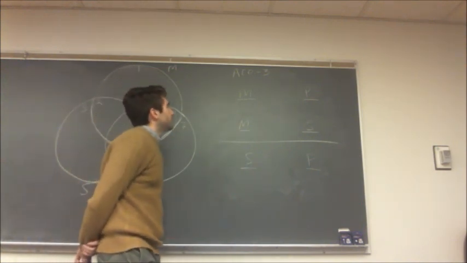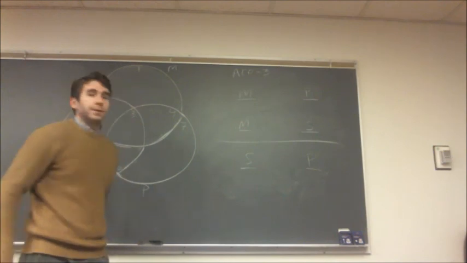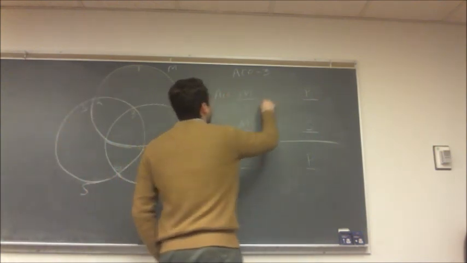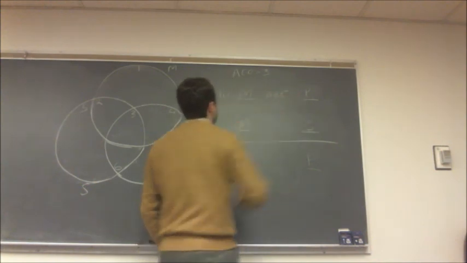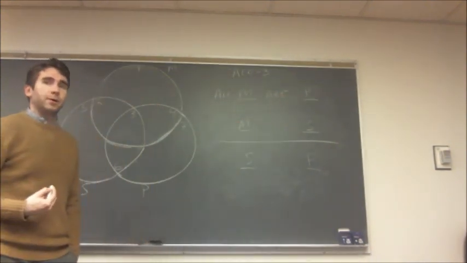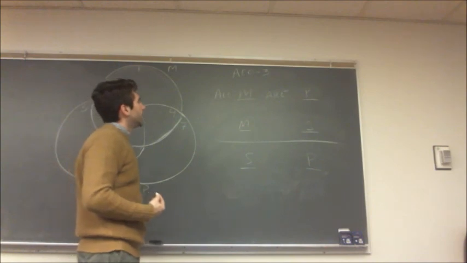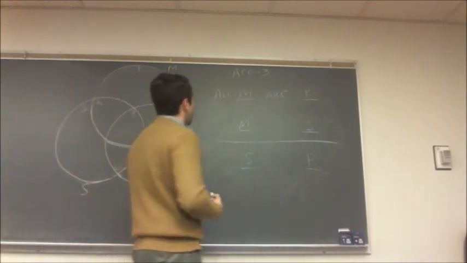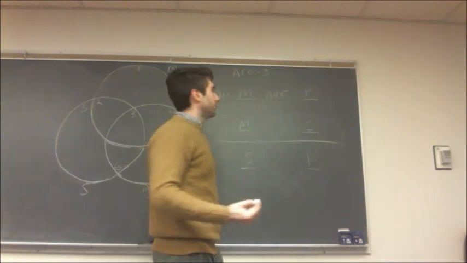So first premise is of type A, right? So think about what that means while I write it up. Right, so it means that all M are P in this case. The next one is of type E, right? So what does that mean? Again, think about it while I write it up.